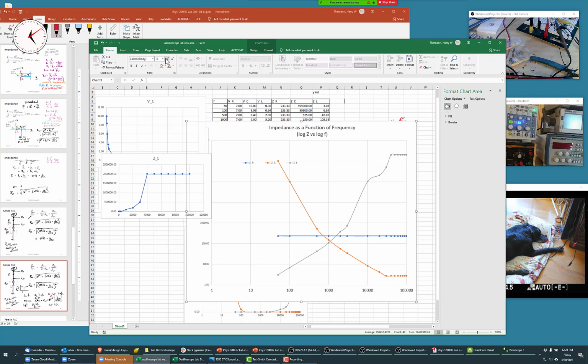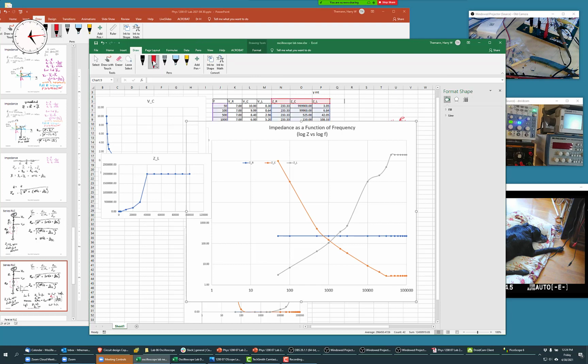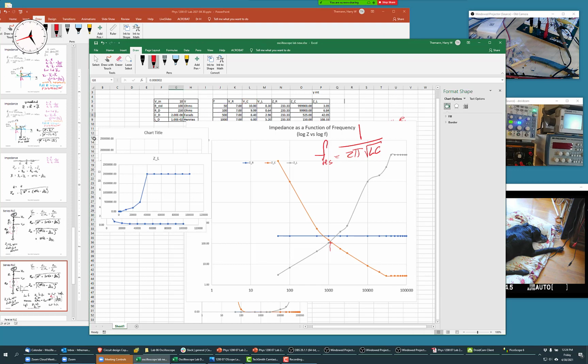Calculate F res equals 1 over 2 pi square root of LC, and I bet you're going to find that the place where they cross, you can estimate it. You don't have the data for that point, but you can estimate it because remember, you know L and you know C. There, we wrote them down.